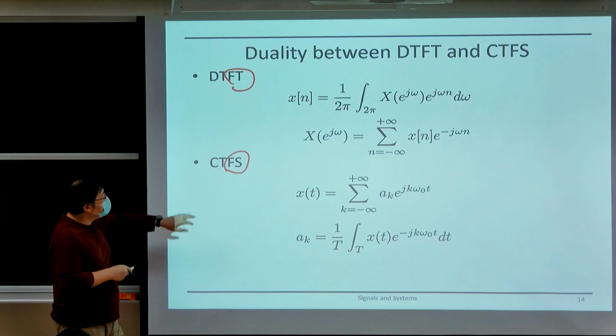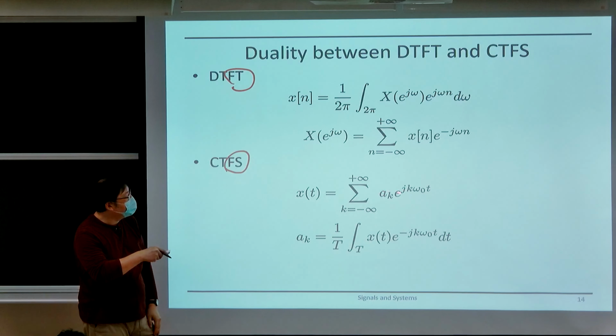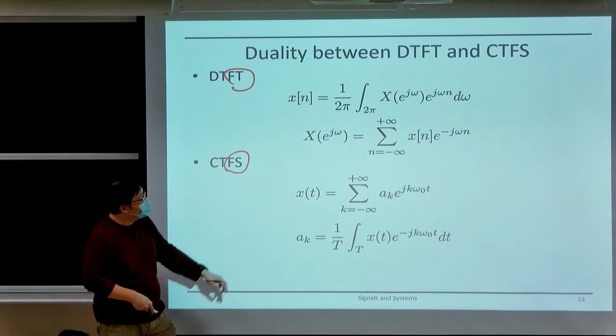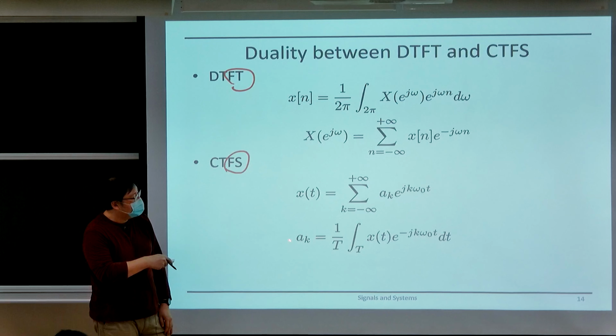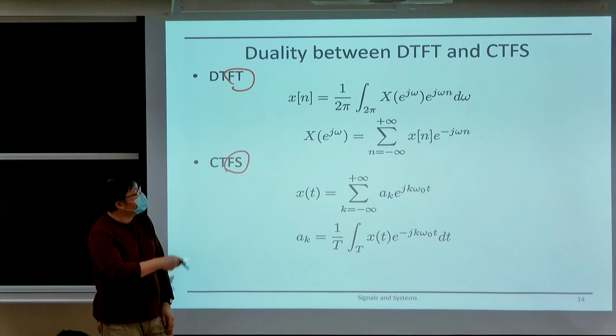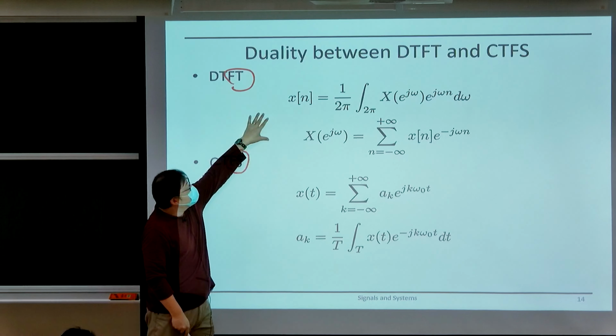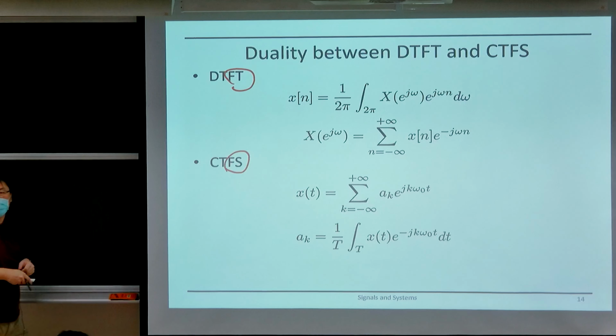And for the continuous time Fourier series, you have something the other way around, right? So when going from the Fourier series coefficients, which is basically the frequency domain, you go from this a_k to x(t), right, through a summation like this. And you go from the time domain signal to these discrete frequency components using an integral similar to this, okay? So if you compare this and this, there indeed is also a dual relationship.